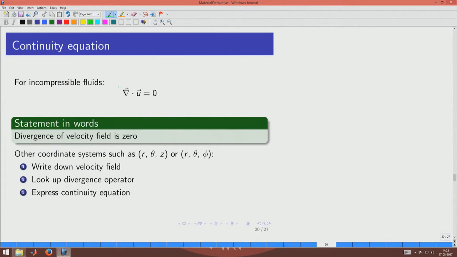We will now assume that by and large, particularly in the materials subject, we have incompressible fluids. Usually in situations where the fluid flow is approaching the velocity of sound, we have compressible phenomena coming in, but in materials processes generally the velocities are quite small, and therefore by default we are only referring to incompressible fluids, and for incompressible fluids the continuity equation is very simple: the divergence of u is 0.